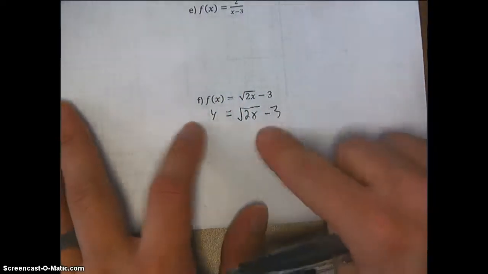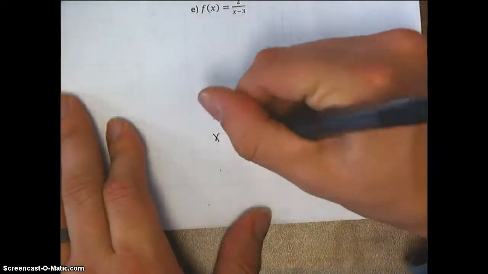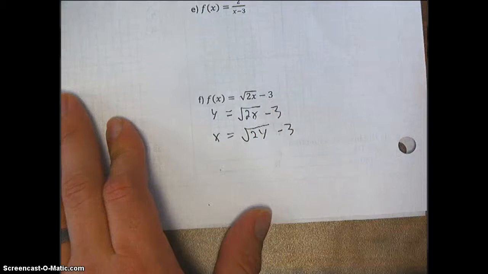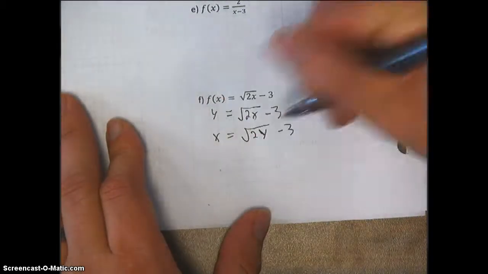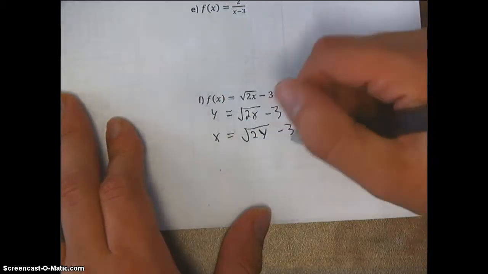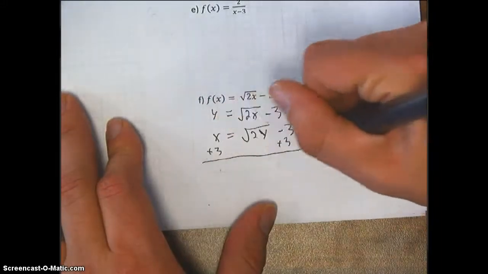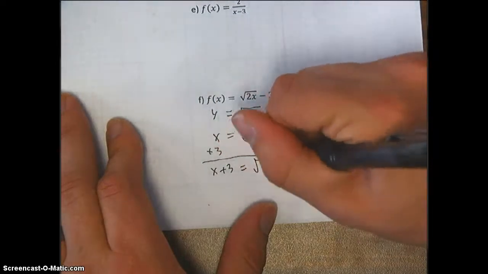And then flip the x and the y. So x equals the square root of 2y minus 3. Now we need to isolate the y, meaning get the y by itself. So the first thing to do is add 3 to both sides. And get x plus 3 equals the square root of 2y.